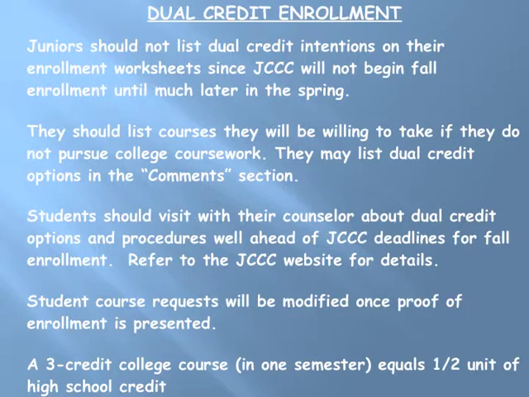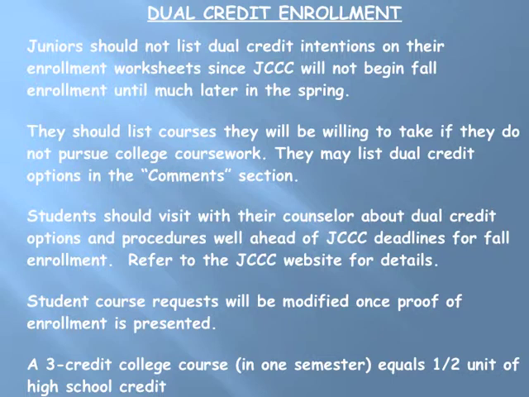Some students, typically juniors and seniors, may want to earn high school credit by taking a course at Johnson County Community College. Students can earn 0.5 credits for each college course of 3 or more college hours per semester. For online enrollment, you should not list dual credit intentions on your enrollment worksheet. Johnson County Community College will not begin fall enrollment until much later in the spring.